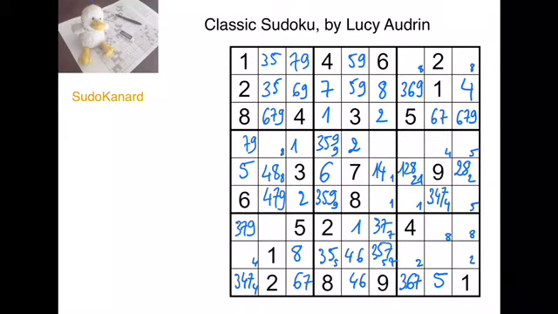As a matter of fact, I have a... Oh, there's a 9 in one of those cells. So this is not a 9. Now we have a 6-7 pair, and this is a 9. So this is not a 9. Okay.